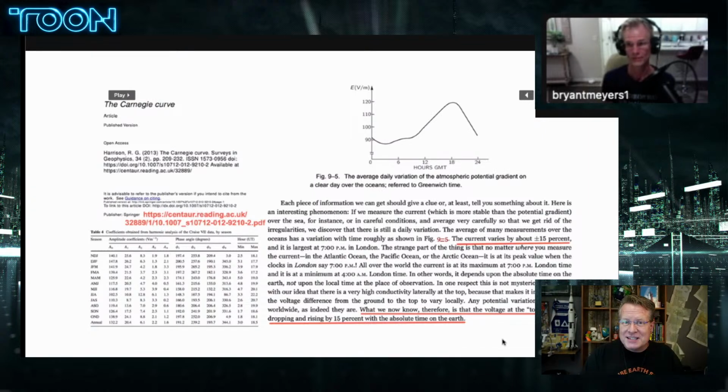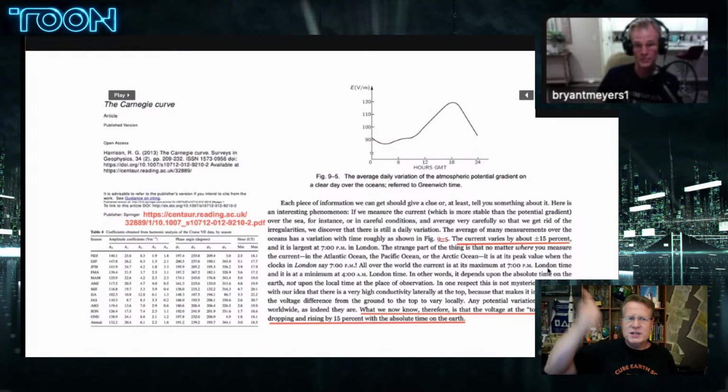The weight of everything would vary proportionally to this change, 15% plus or minus. It wouldn't cause you to fly up as it varies, but it would drastically change the weight.